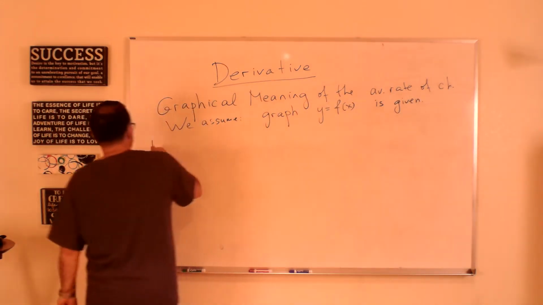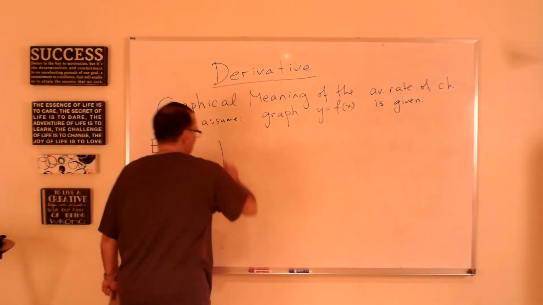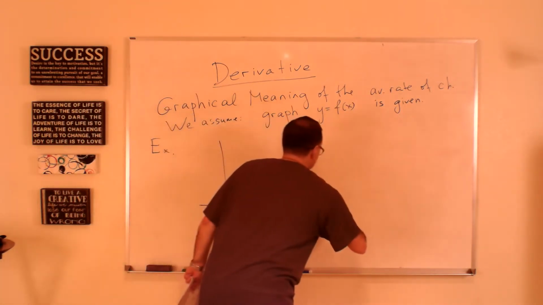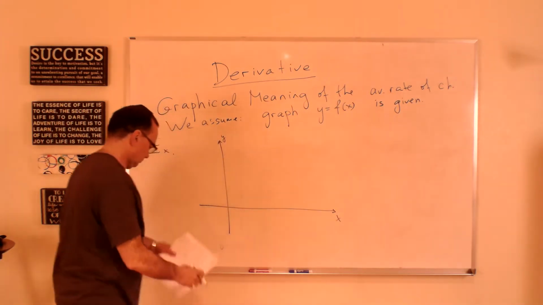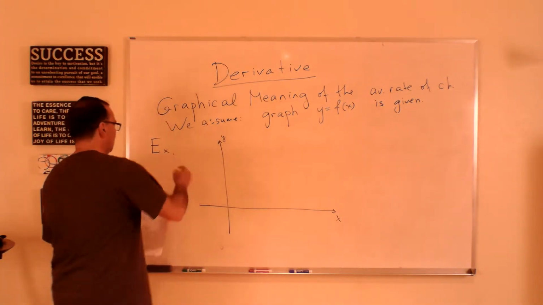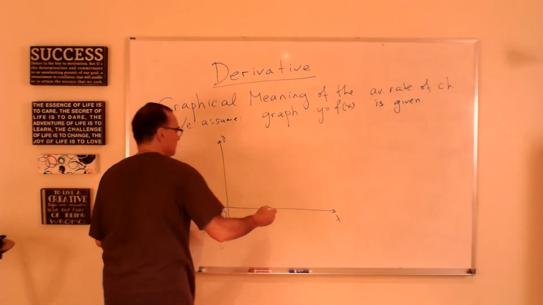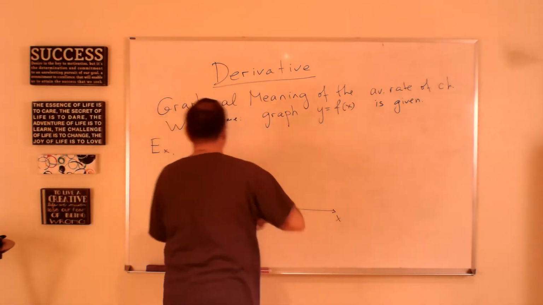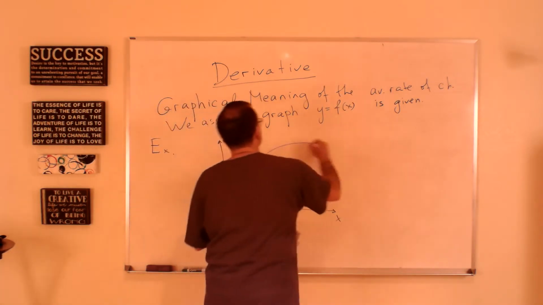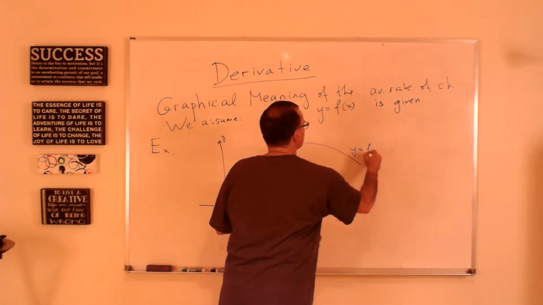For example, the given graph looks like this. This is the origin, this is the x and y axis, and the graph of the function looks like this. Y equals f of x.